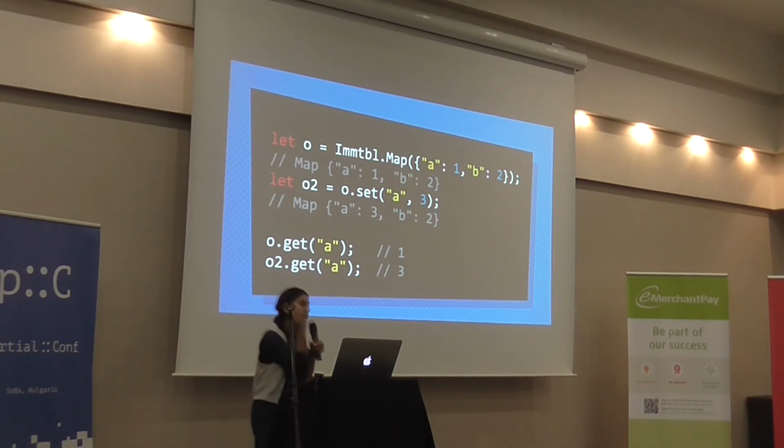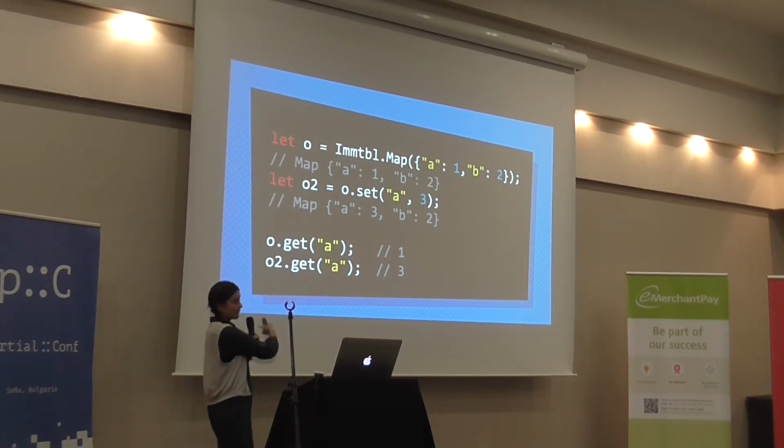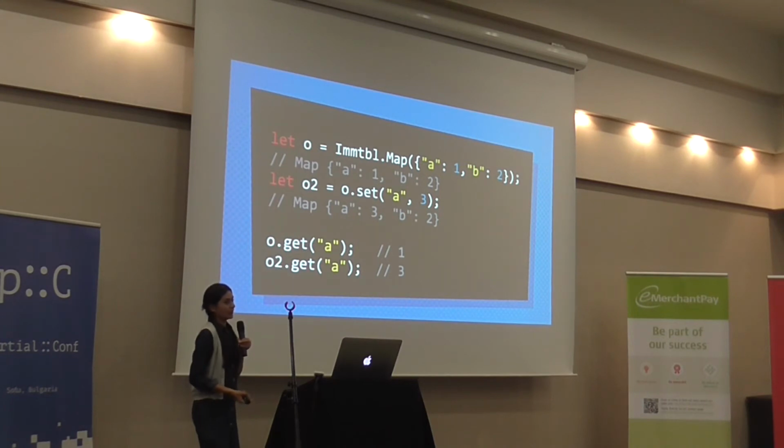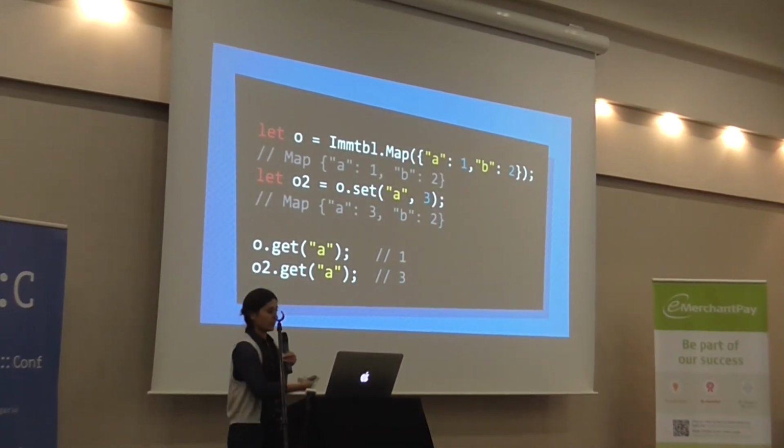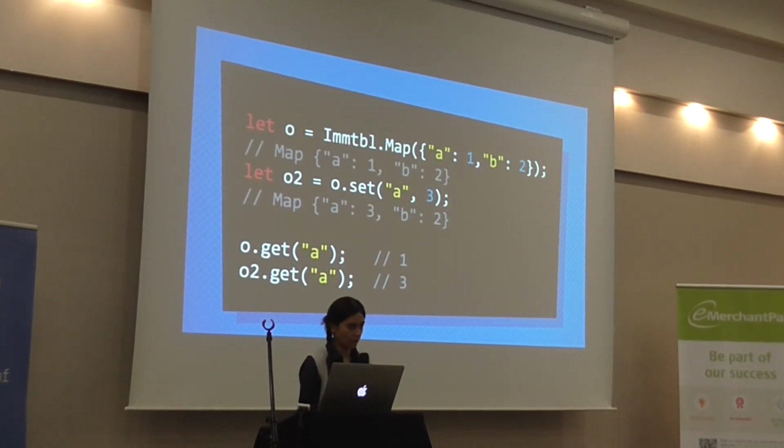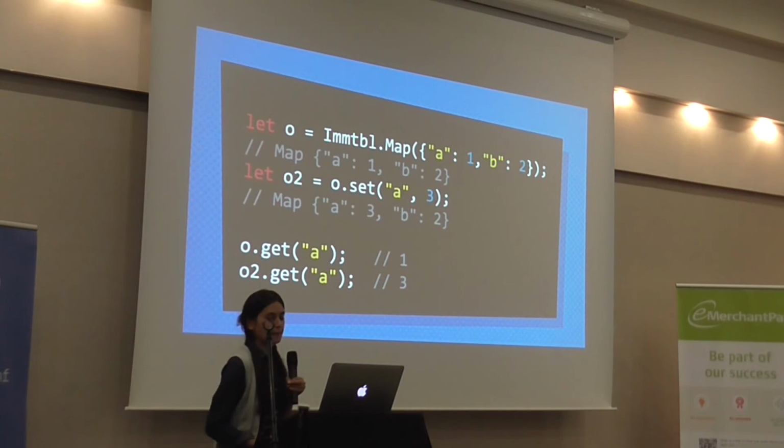But again, it looks like it's going to be changing it in place, but it's not. It's creating a new copy and returning that. So I can capture that as O2 here, and using the get method, I can prove to myself that the value of A in O was never changed. A remains 1, whereas in O2, I set A to 3, and so O2 is really a different copy, a different object. So that's how it works in Immutable.js.